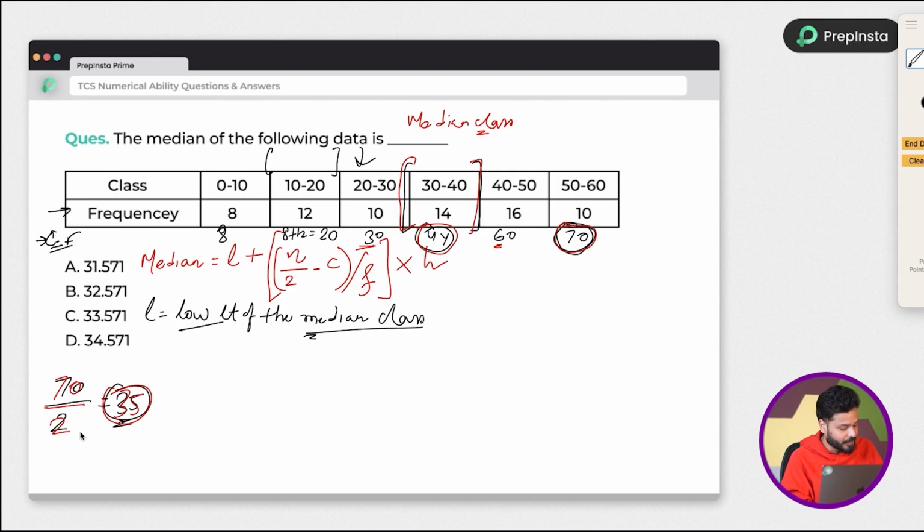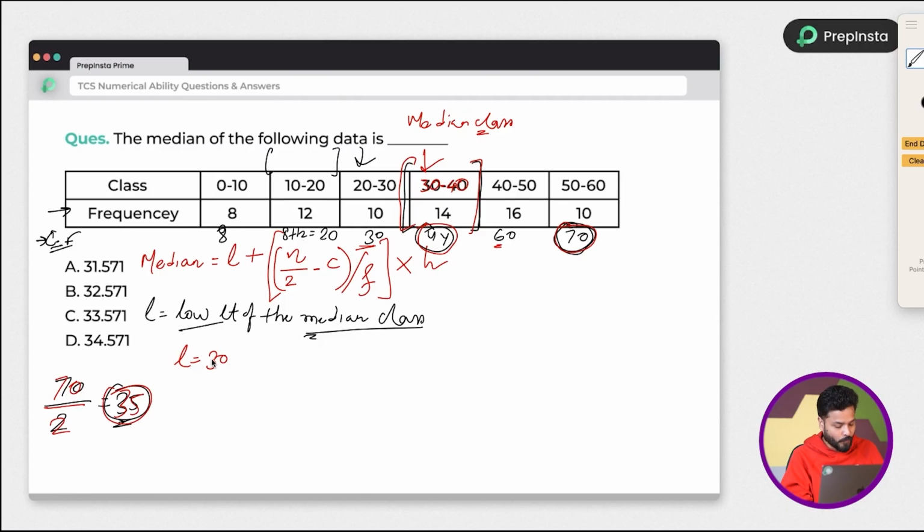Total elements divided by 2: wherever this value lies in the cumulative frequency, that particular class becomes the median class. Now what is the lower limit of the median class? The median class ranges between 30 to 40, so the lower limit is 30. So L is basically 30. We got our L.